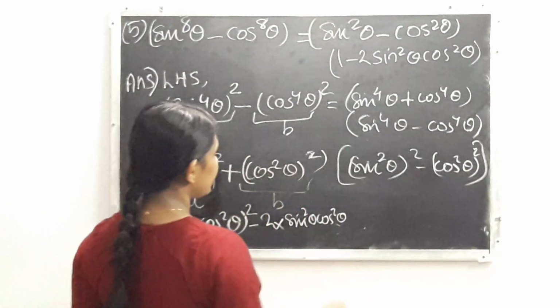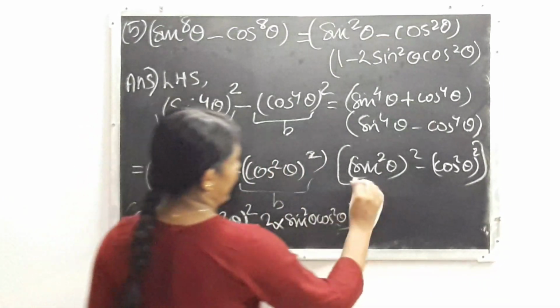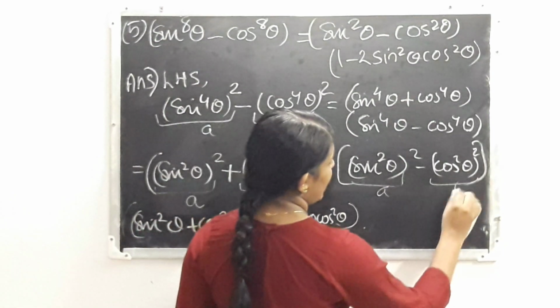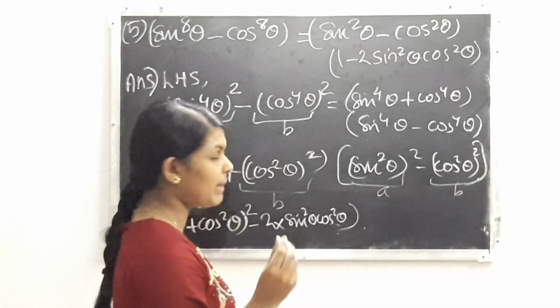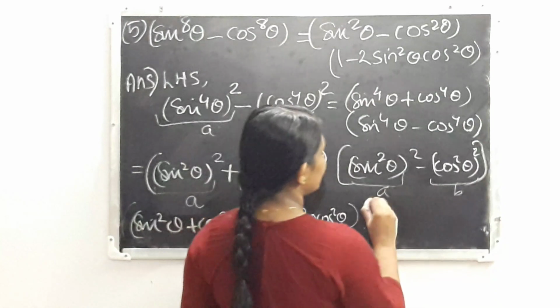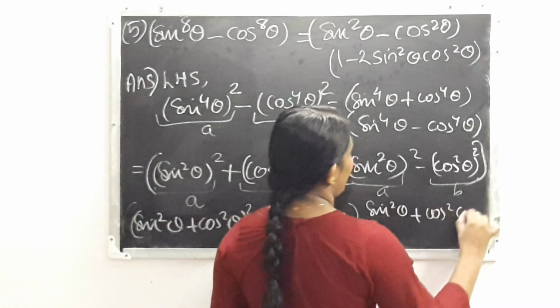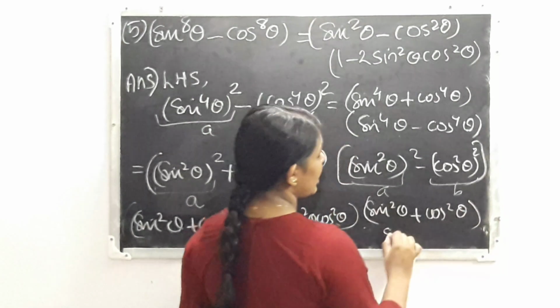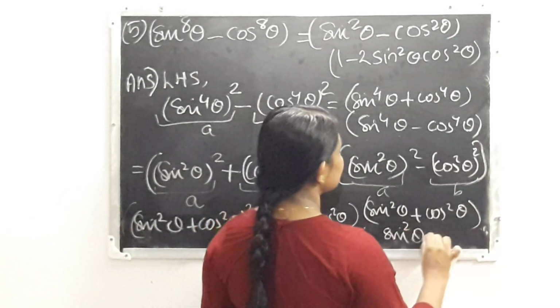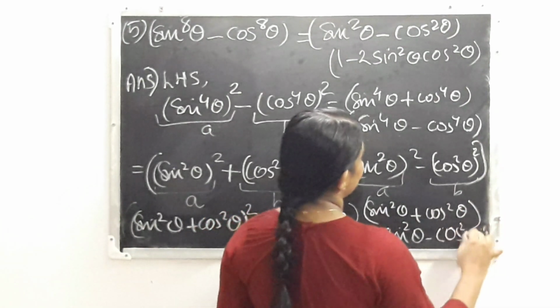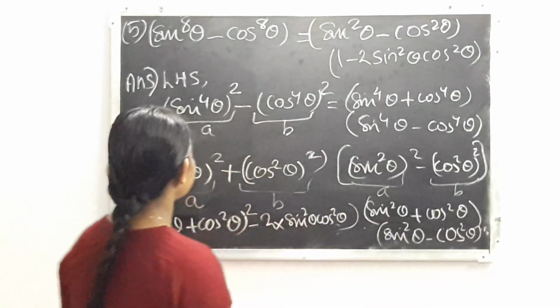Now we can write this a square minus b square as a plus b into a minus b. So a plus b will be equal to sin square theta plus cos square theta, and a minus b will be equal to sin square theta minus cos square theta.